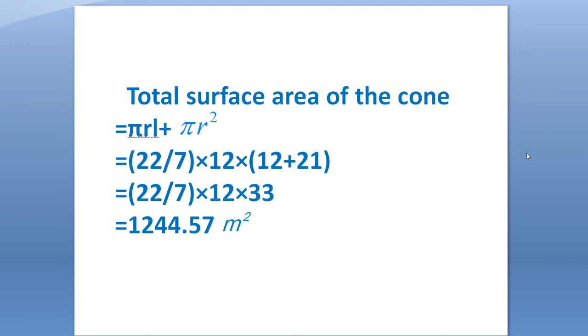So pi r is common, 22 by 7 into 12 into bracket L plus r. So r is 12 and L is 21. So 22 by 7 into 12 into 33 is equal to 1244.57 meter square, which is the total surface area of the cone.